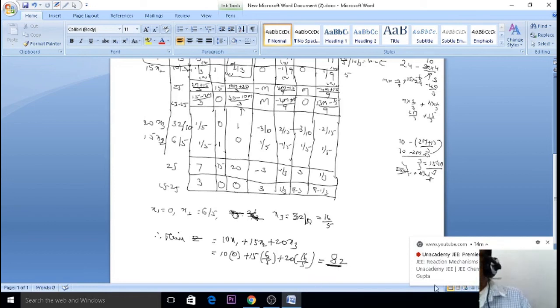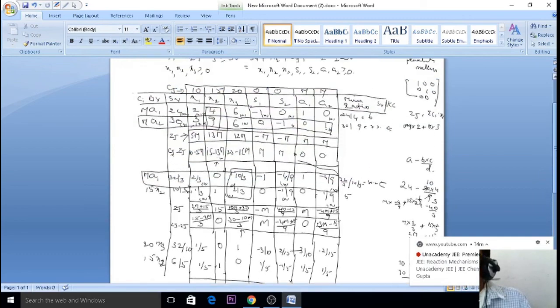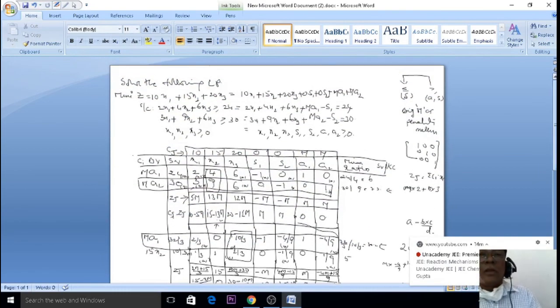Please, I repeat this question again, try to understand the question and the difference between maximization and minimization. The process is the same. Only in the maximization case, if the values of Cj minus Zj, zeros are negative, immediately stop the problem. In the minimization case, if the values of Cj minus Zj, zeros are positive, stop the problem.